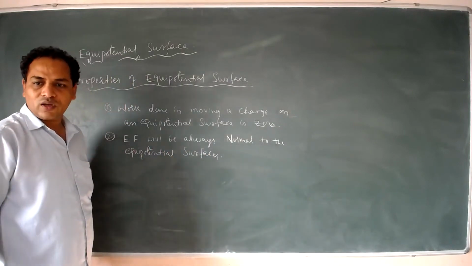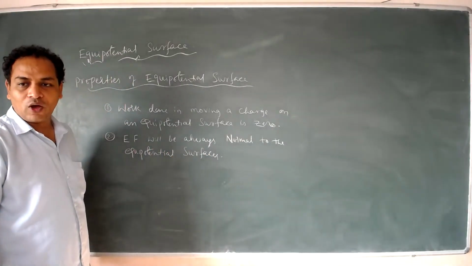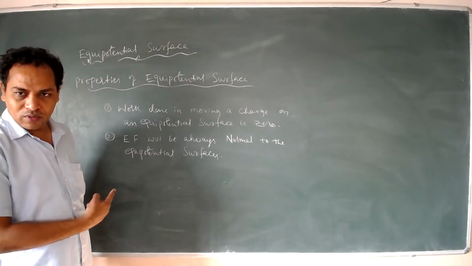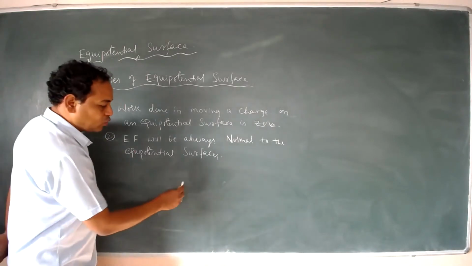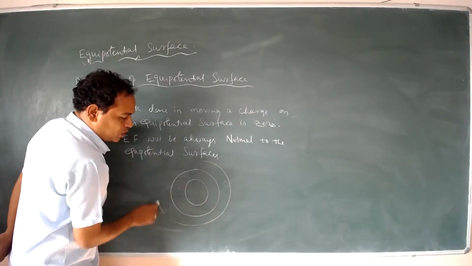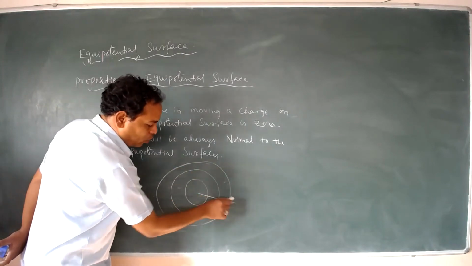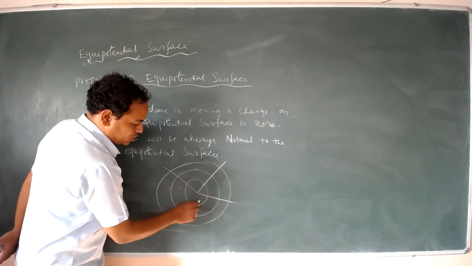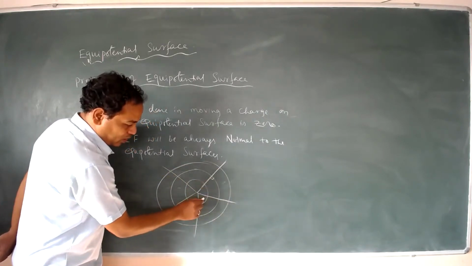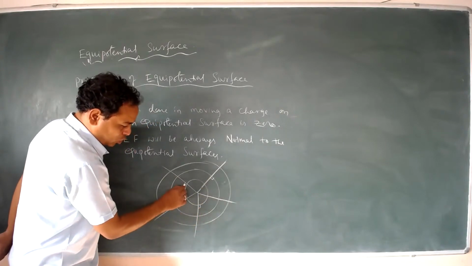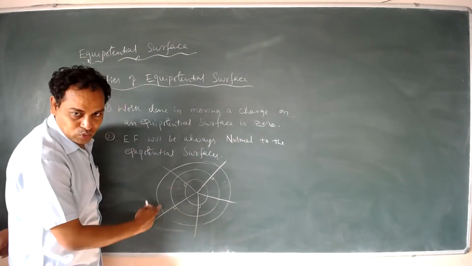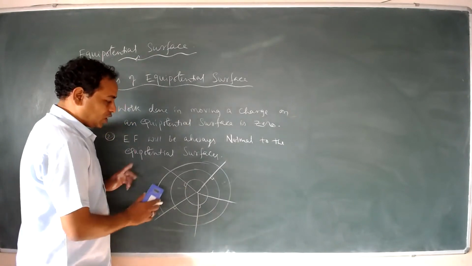We have already seen that. Many equipotential surfaces are there, like this, so many, whatever may be. Whenever the electric field is there, it will be like this. So at every point, the electric field will be normal to the equipotential surface. Correct? This is the second point.